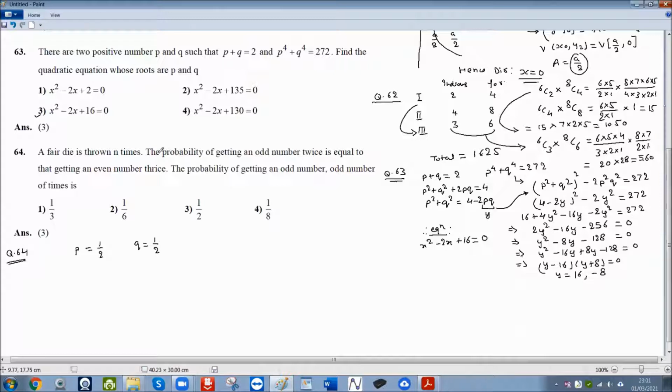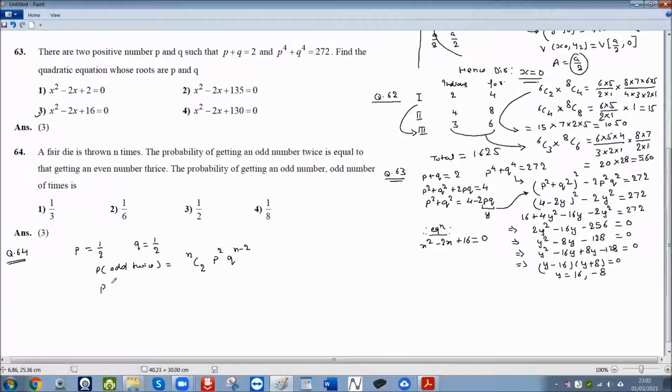Now, if I want to get odd number twice out of n throws, probability of odd twice will be nC2 p raised to the power 2. If I do not get odd number, I will obviously get even number. So its complement raised to the power n minus 2.